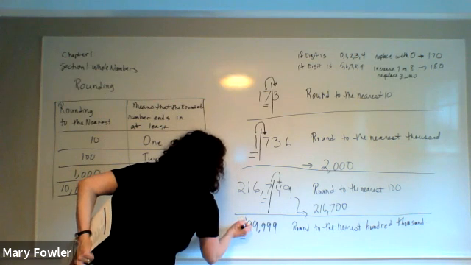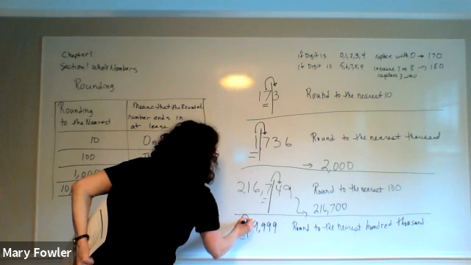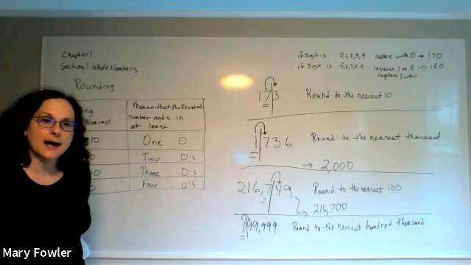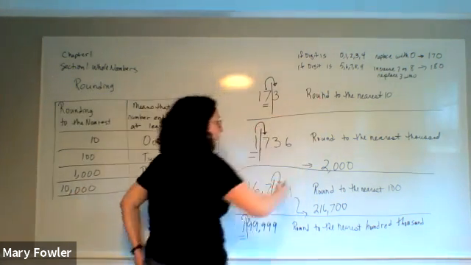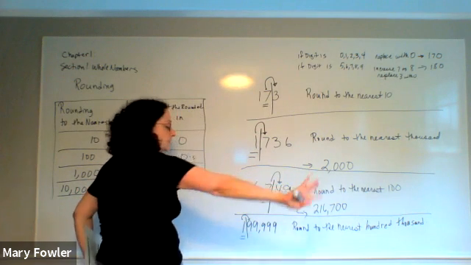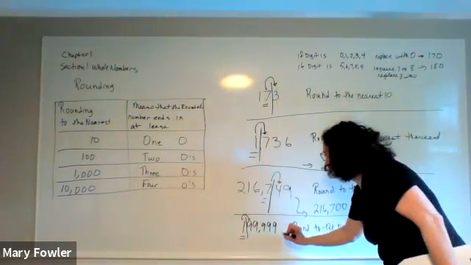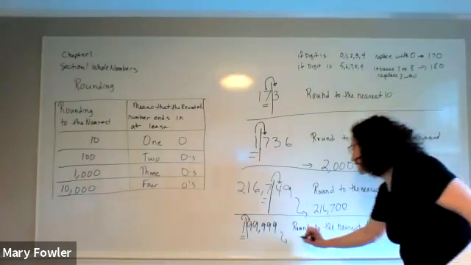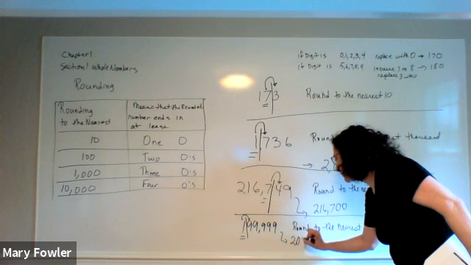Draw a rounding bar, a rounding wall there, and peek over the wall. So that 9 is in the bigger chunk. So it means that we have to increase the 1 to a 2, and everything to the right of the bar turns into a 0. So this number, rounded to the nearest 100,000, is 200,000.